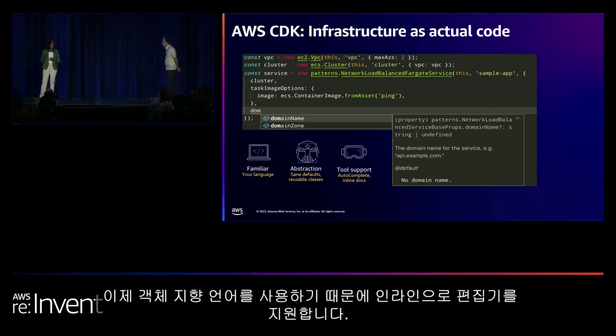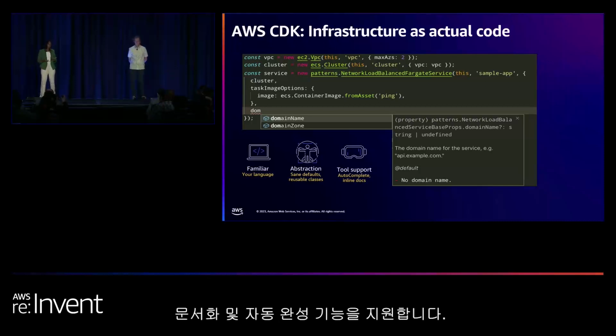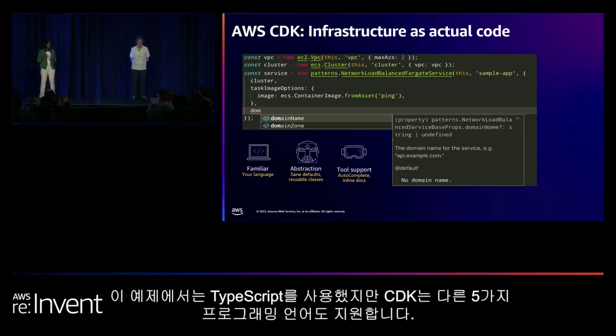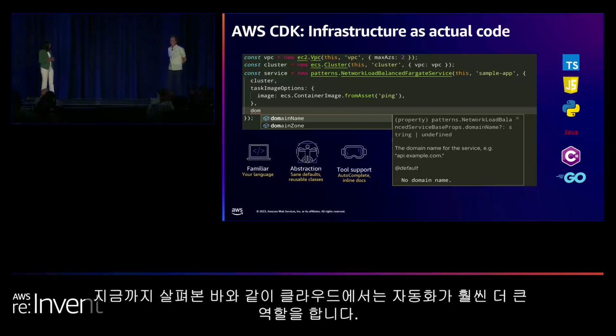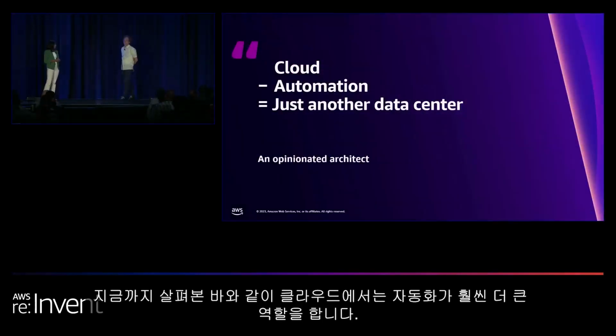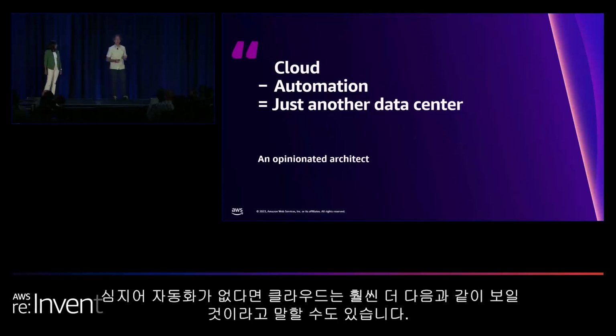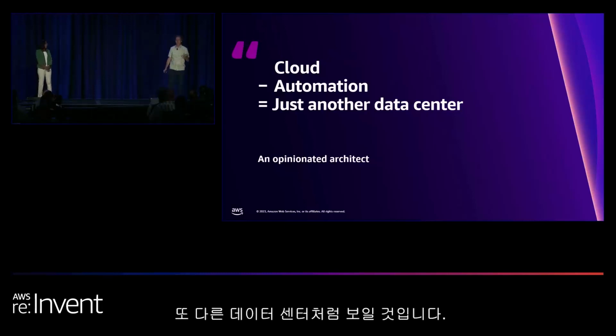Now, because it's also using an object-oriented language, you have editor support with inline documentation and autocomplete. We used TypeScript in this example, but CDK also supports 5 other programming languages. So as we've seen, automation plays a much bigger role in the cloud, and you could even go as far as saying, without automation, the cloud would look a lot more like just another data center.